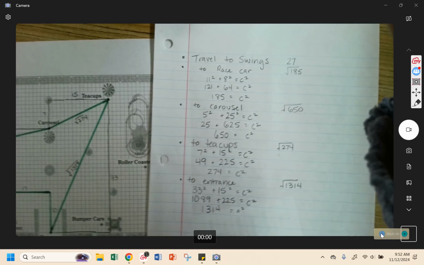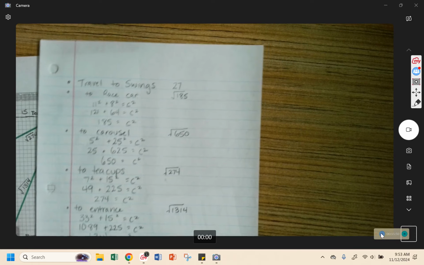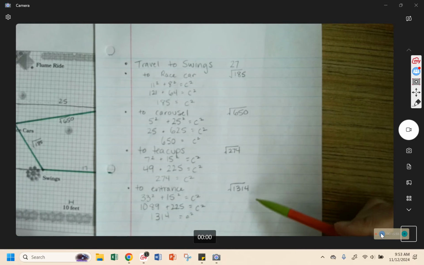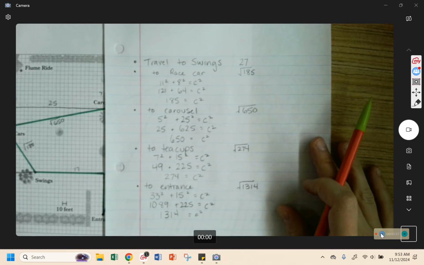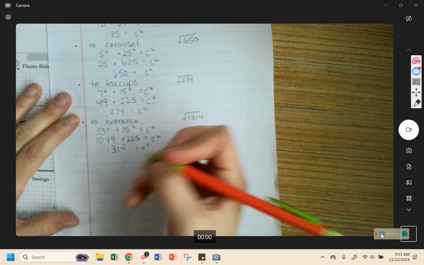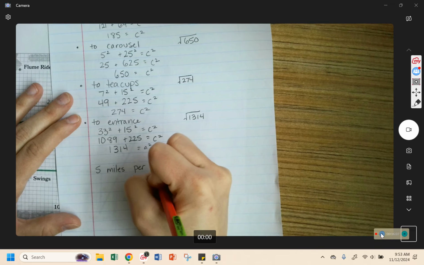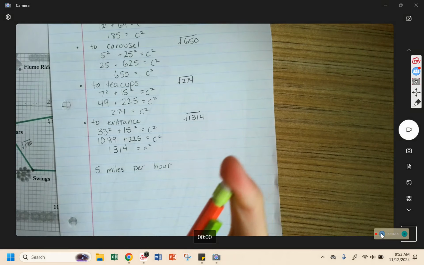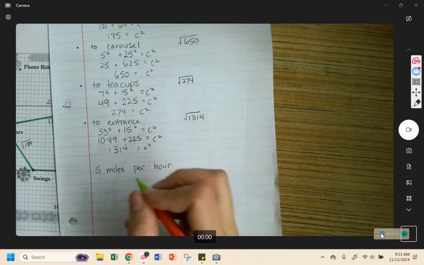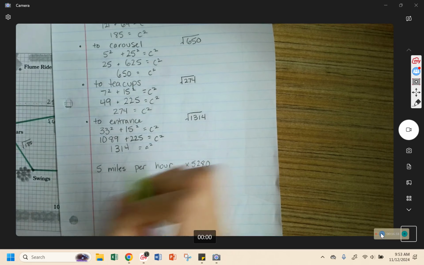Okay, so that takes care of just the travel time. We need to calculate, if they go at a rate of 5 miles per hour, how far this is in feet. So we have 5 miles per hour. Well, we know 5 miles we can multiply by 5,280, and that will turn it into feet.